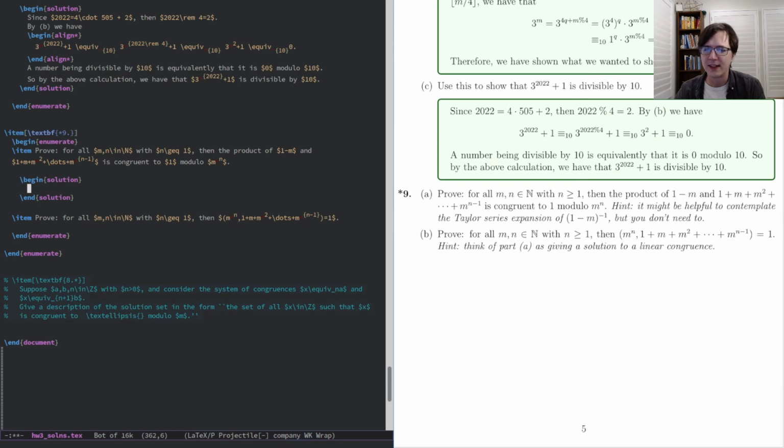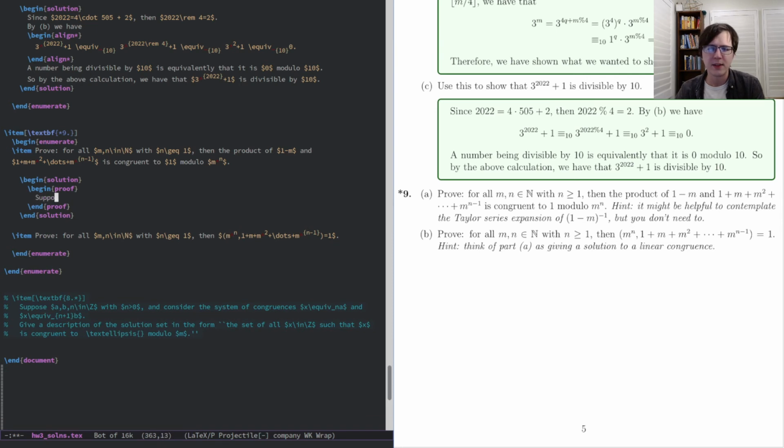But, you know, we don't really need to worry about that. Also, I guess technically we should be doing induction or something here, but okay. So suppose m and n are natural numbers with n greater than or equal to 1.